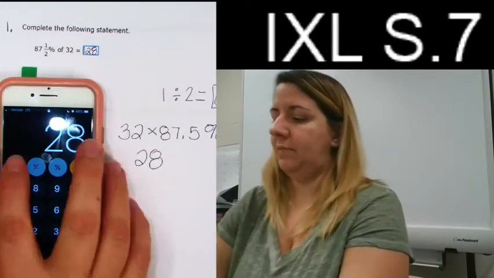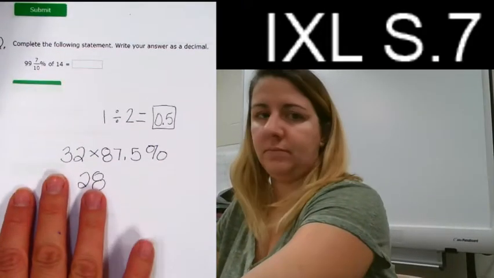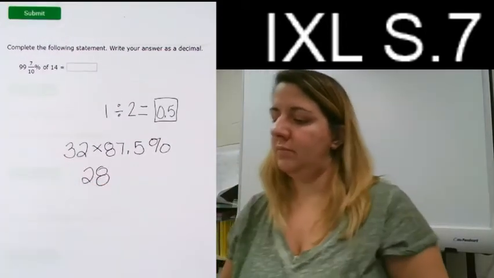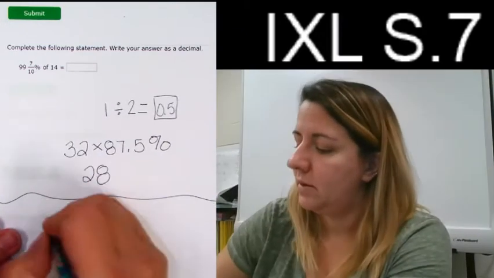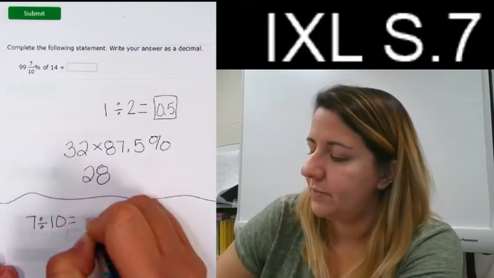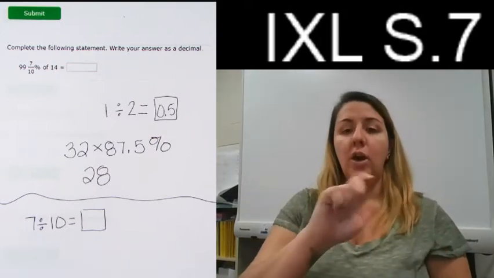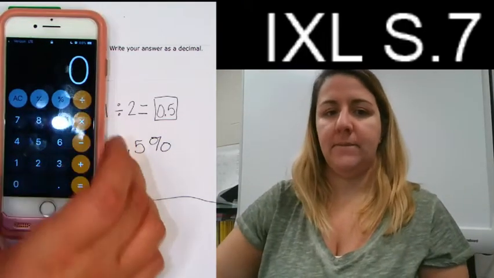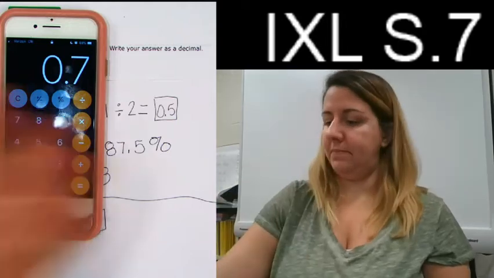Okay, next one. Seven divided by 10 will change the fraction to a decimal, 0.7.